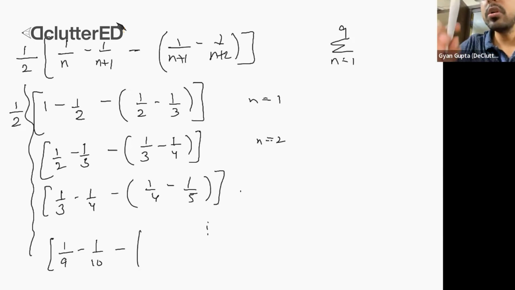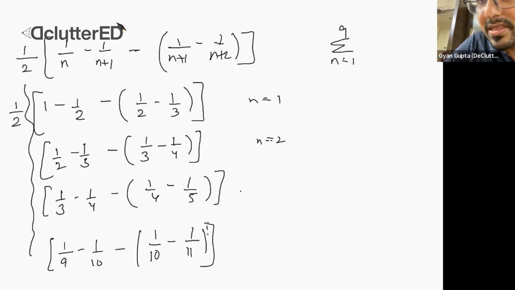So far, all good. And the magic happens right here where we see that this and this cancel, this and this cancel, this and this cancel. Like that, for these two sets of terms, I'll be left with the first term and the last term. Similarly, here, this will cancel with this, and so on.